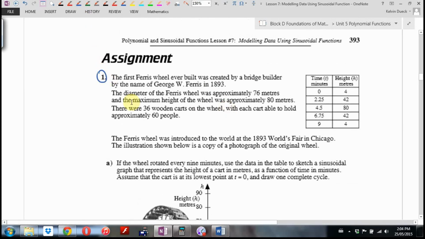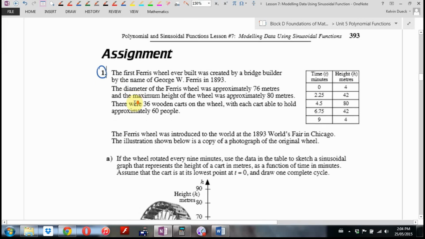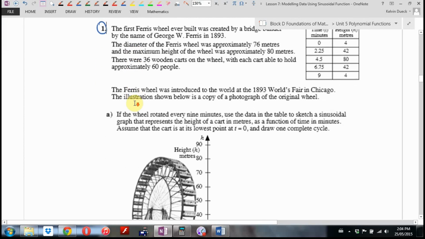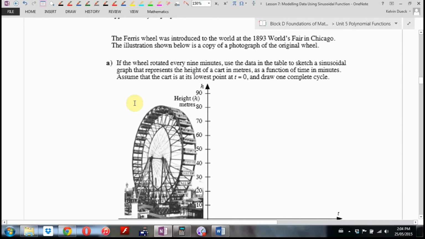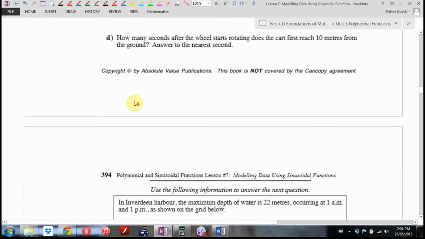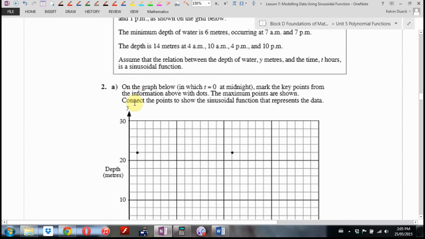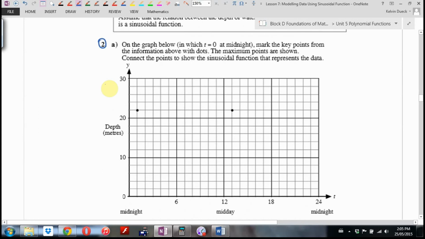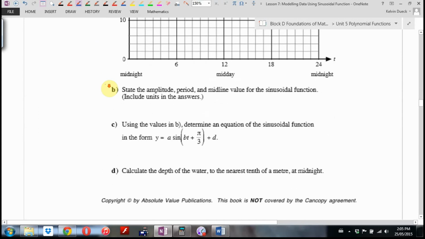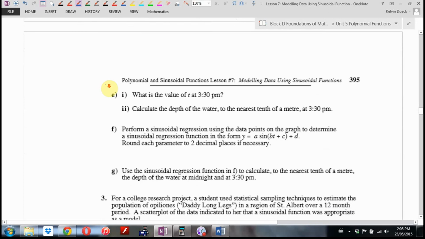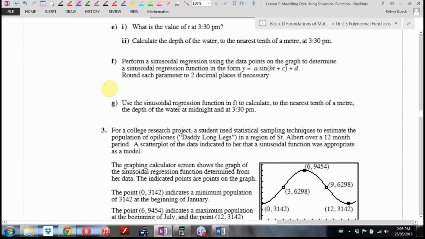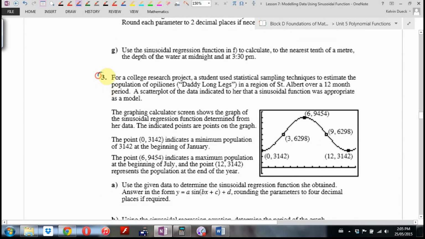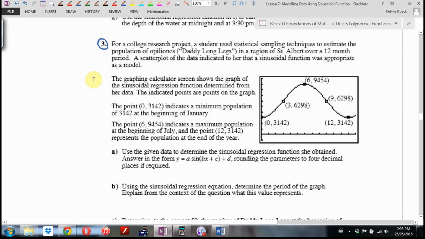Number 1. Okay. Number 2. Number 3. You'll learn a new word for daddy longlegs, which aren't spiders, by the way.